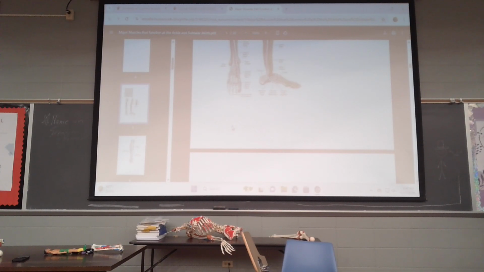In other words, you can imagine it'd be really tough. You can only use your intrinsics, but to individually move your pinky, your second, your third, and your fourth, you don't have the dexterity at your toes like you do in your fingers, so you don't have specialized toe movers.